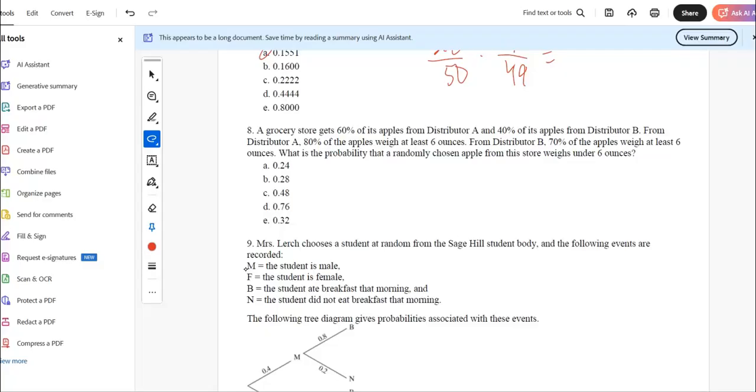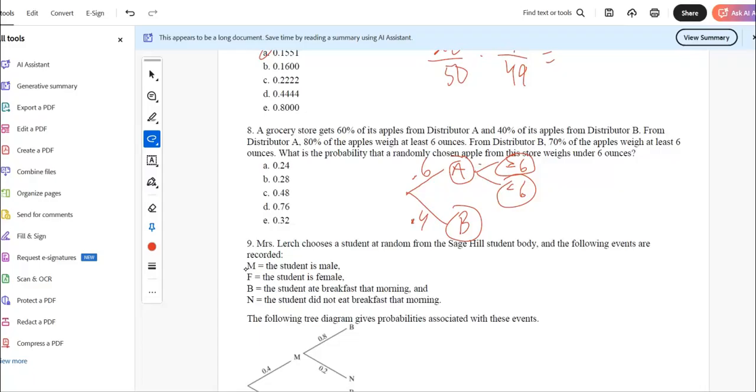This looks like a Venn diagram. So A and B. So 0.6 are from A and 0.4 are from B. From distributed A, 80% weigh at least 6 ounces, greater than or equal to 6, less than 6 ounces.